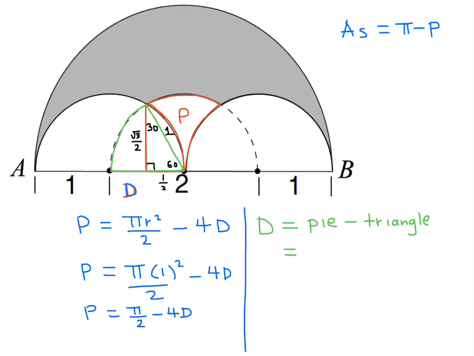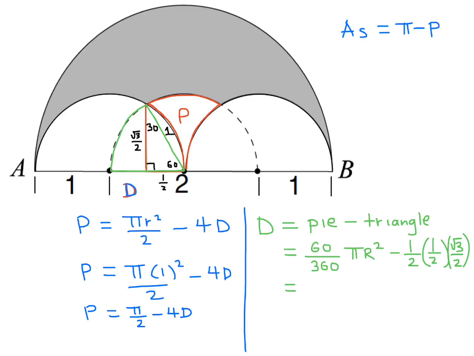Now the pi segment is basically 60 degrees over 360 degrees times the area of that circle, right? That's how you figure out that pi segment. And then the triangle is just a simple 1/2 base times height. The base is 1/2, and the height is √3 over 2. And there you go. Now, what's r in this case?